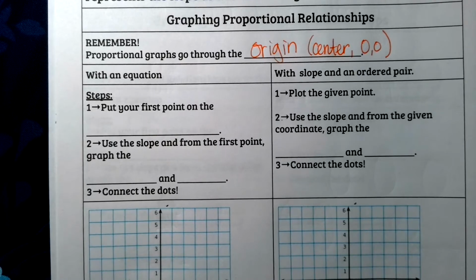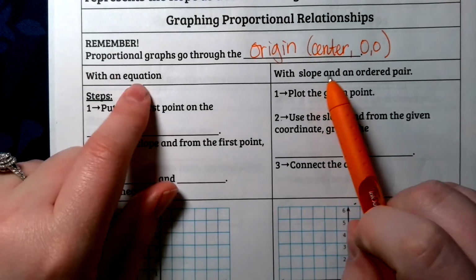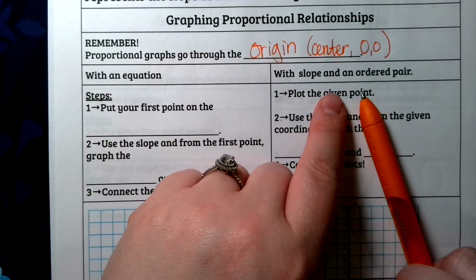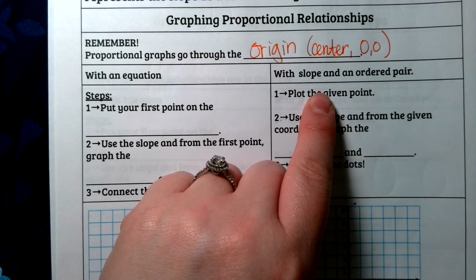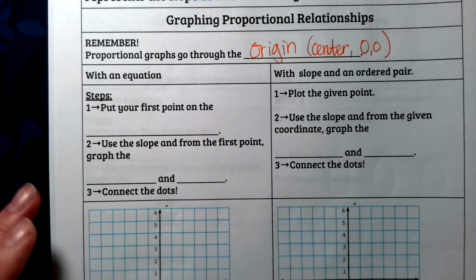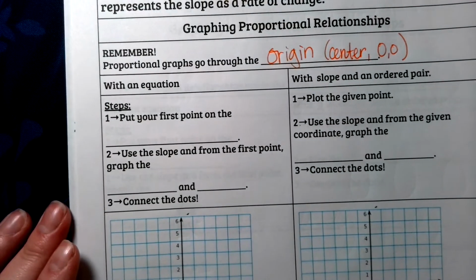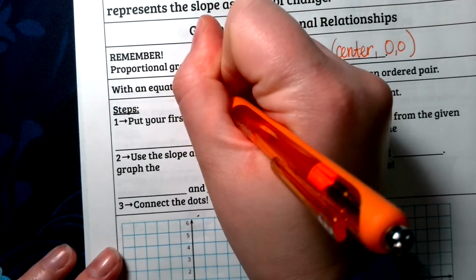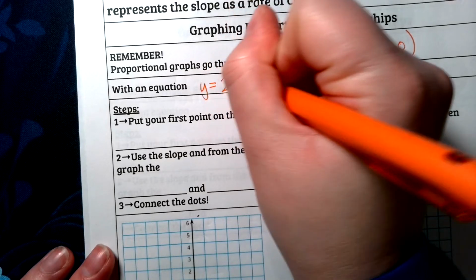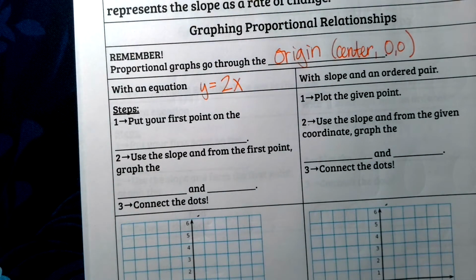We could graph a proportional relationship two different ways. One way is with an equation. One way is with slope and an ordered pair. So we're going to first do it with an equation. Let's say that this equation is y equals 2x.